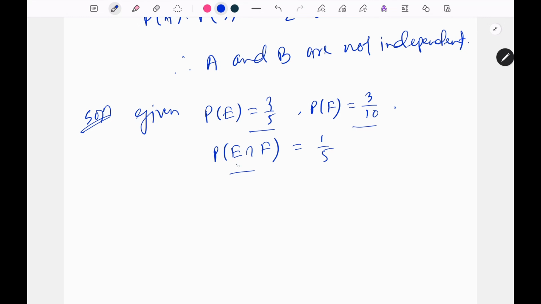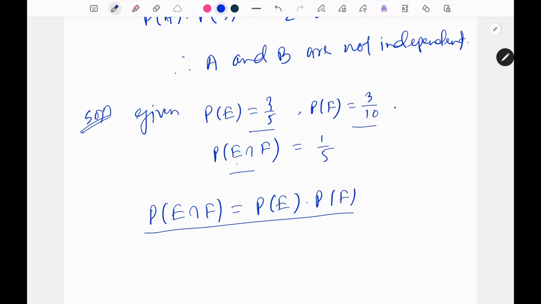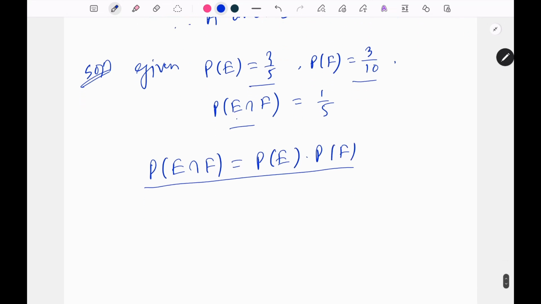So to check E and F are independent, what we have to do? We have to show that probability of E intersection F is equal to probability of E into probability of F. So what is the probability of E into probability of F?